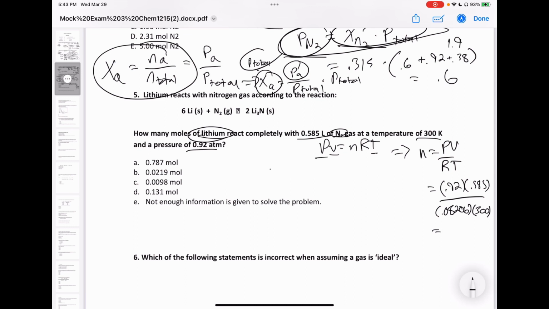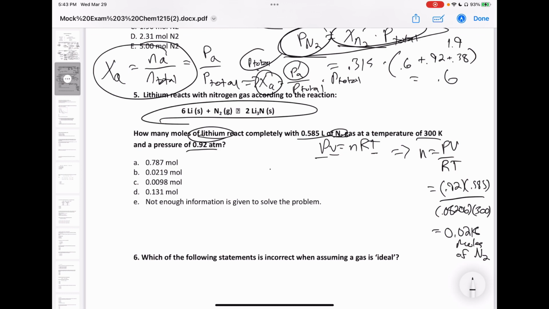Okay, so plugging all those numbers in, we get 0.0218 moles of N2. And then this is just like on the last test, how we had to use the internal mole ratios in the equation that we're given to solve for something else.